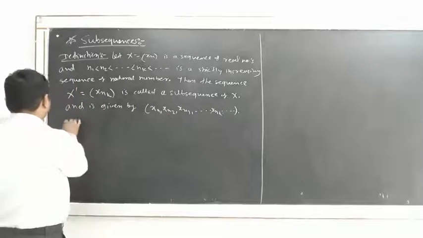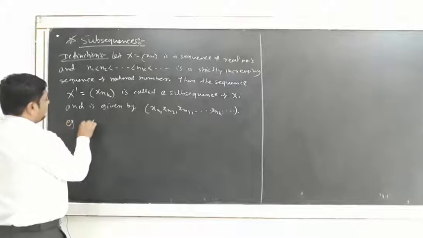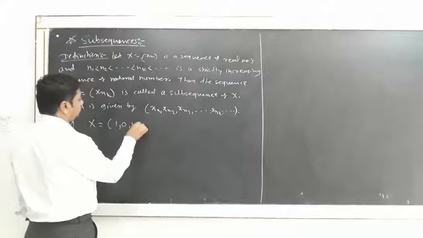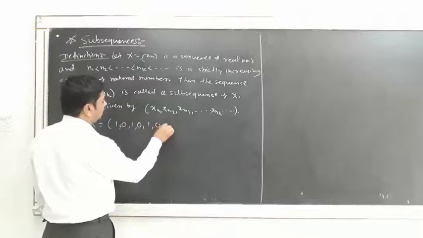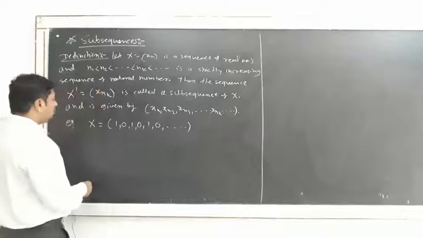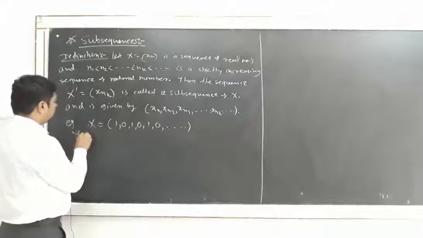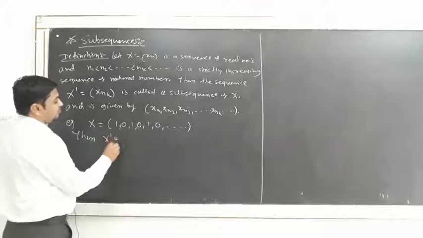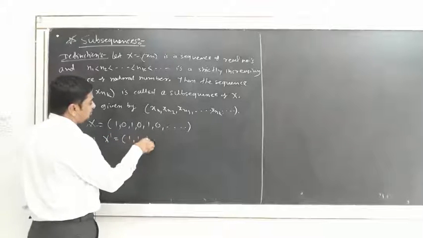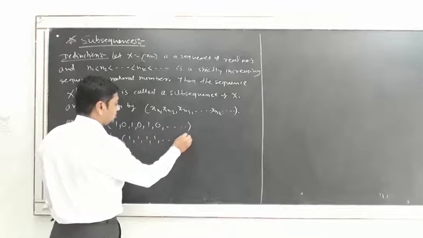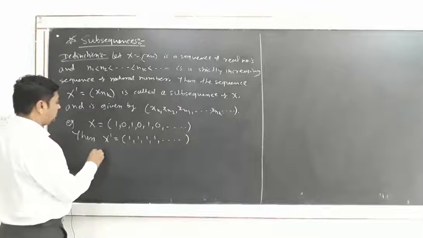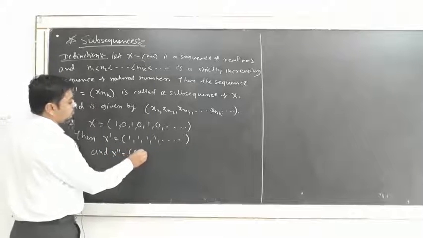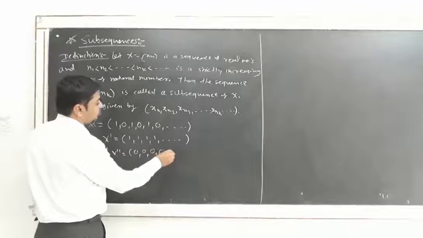For example, we take X equal to 1 0 1 0 1 0 and so on. Then what can we write here? X dash is equal to 1 1 1 1 and so on. And X double dash is equal to 0 0 0 0.